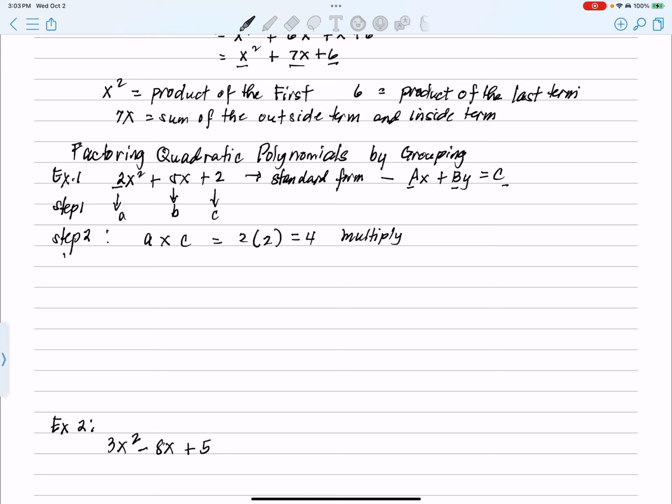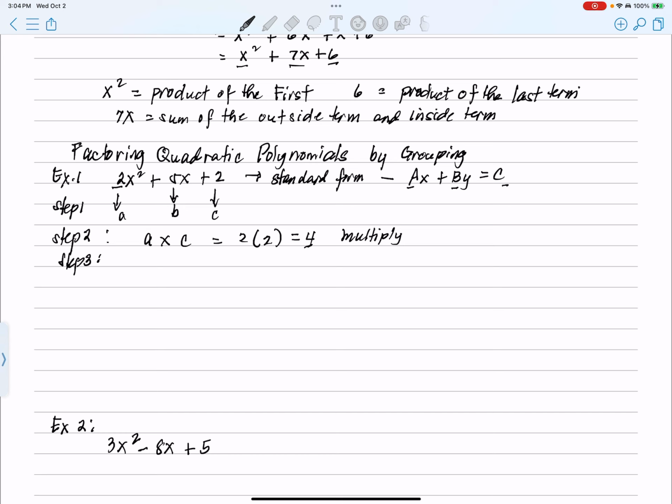In step 3, make a list of pairs of numbers whose product is equal to a times c, and identify the pair of factors whose sum is b. Okay, what does it mean? So let's get the pair of numbers that will come up with the product of 4.